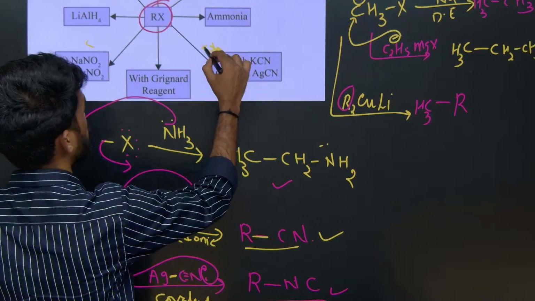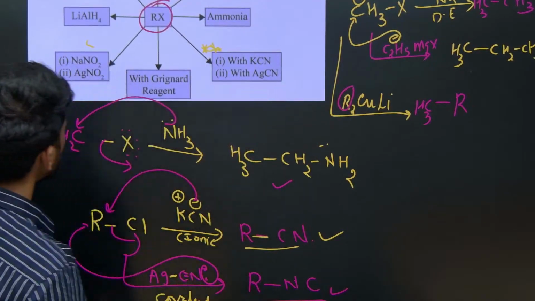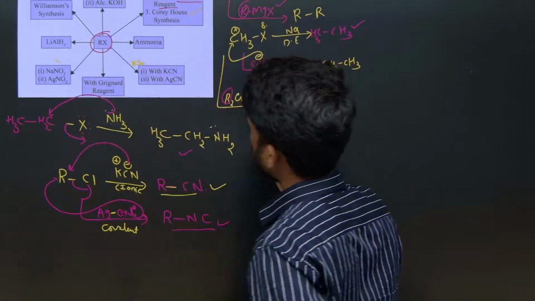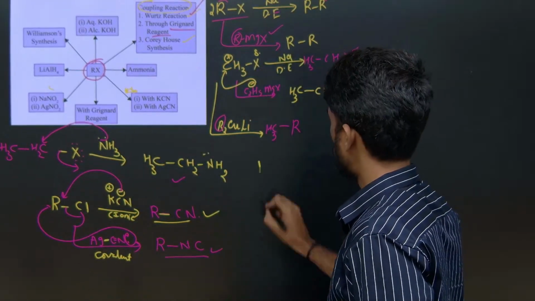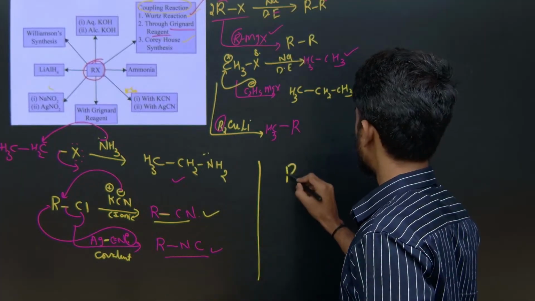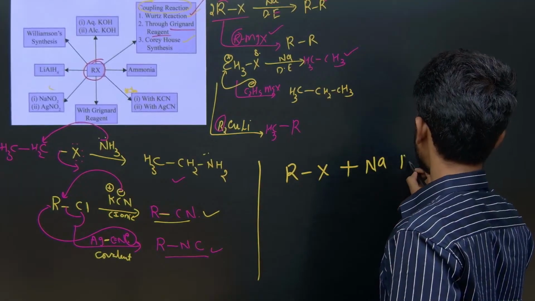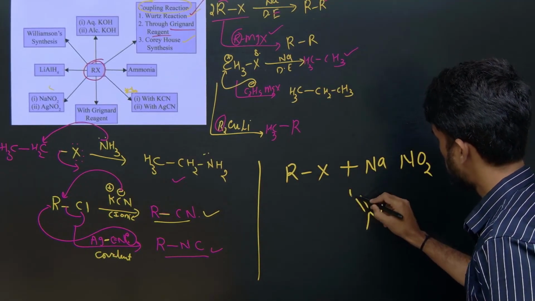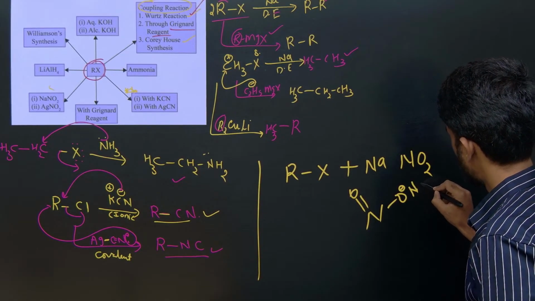Yes, this is important. Next, with the Grignard reagent we already discussed. Next, here also the same story applies, with NaNO2 and AgNO2. RX when treated with NaNO2, can we write the NO2 structure like this, NO2 minus, Na plus?